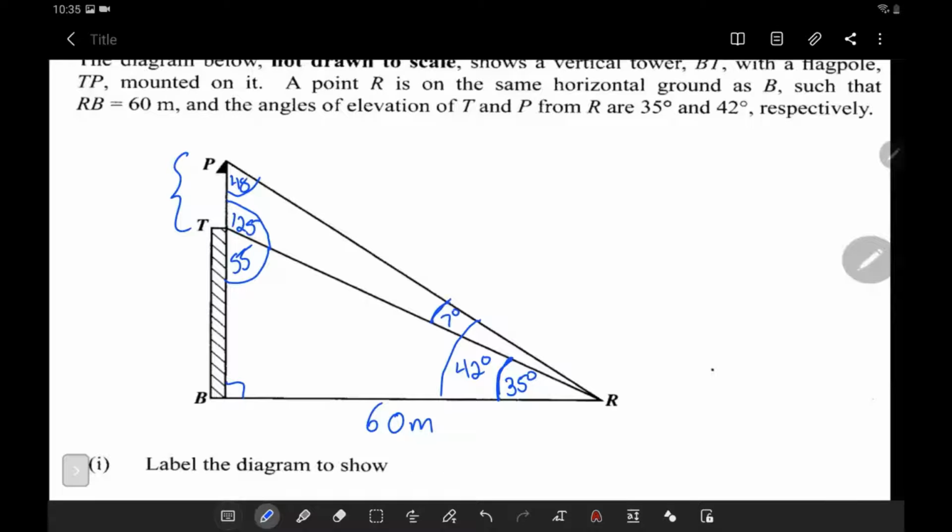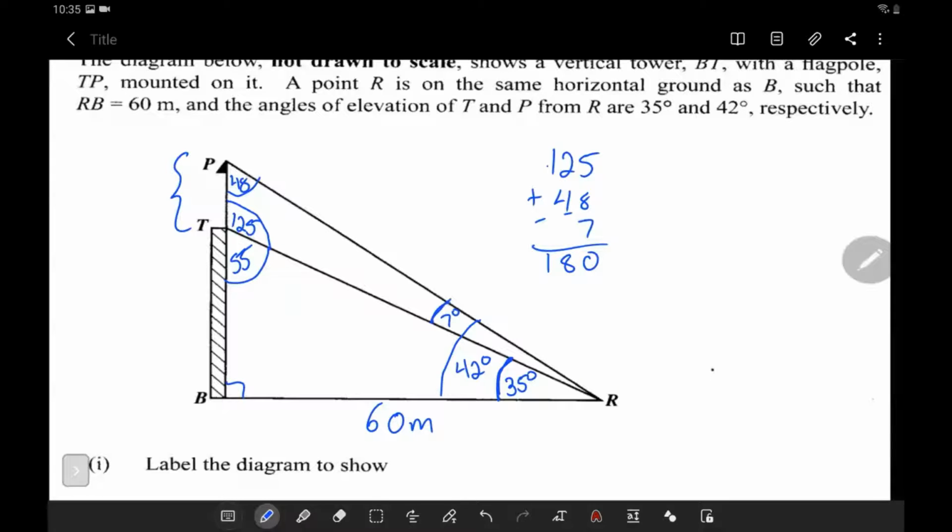Let's just double check that. So let's see. 48, so 125 plus 48 plus 7. We have 5 and 8 is 13, and 7 is 20. 4 and 2 is 6, and 2 is 8, and then 1 is 180. So yes, so that means this is 48 degrees. So lovely, we find all our angles.